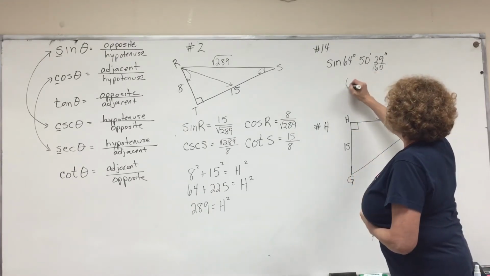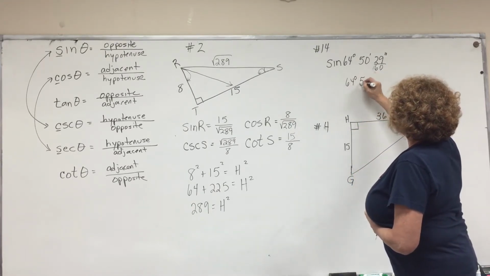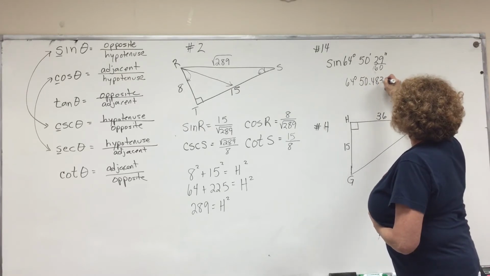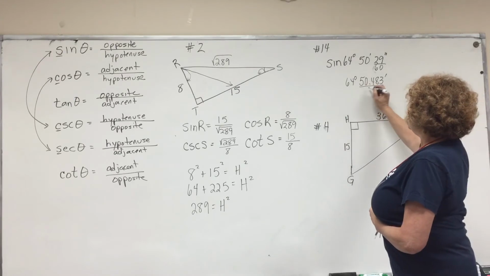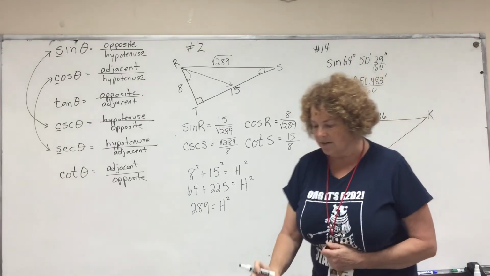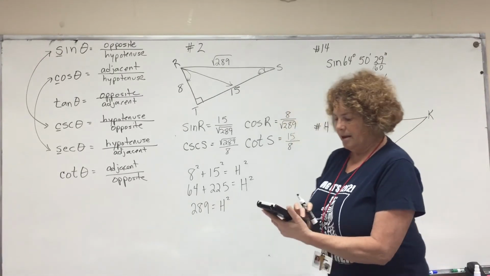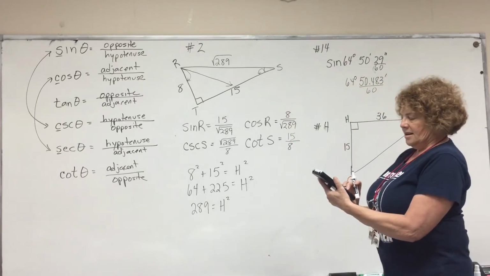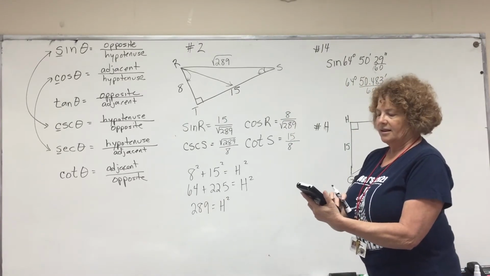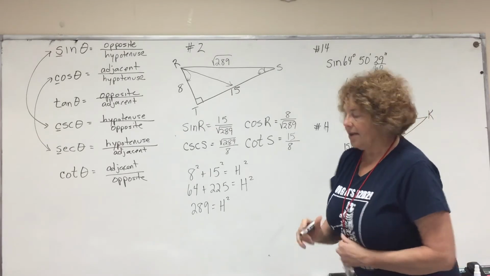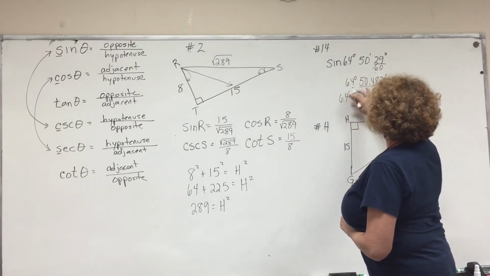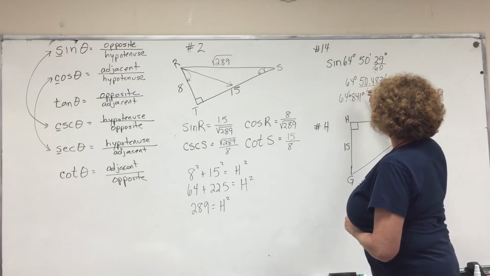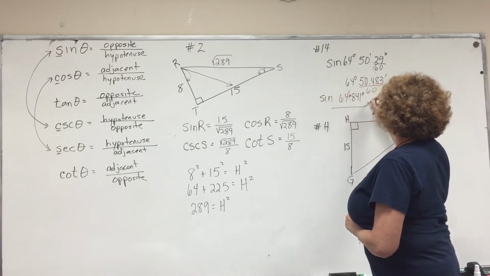So now we have 64 degrees, 50.483 minutes. So now we divide the minutes by 60. So let's divide that. Is 0.841. So now we have 64.841 degrees. So we're looking for the sine of that.